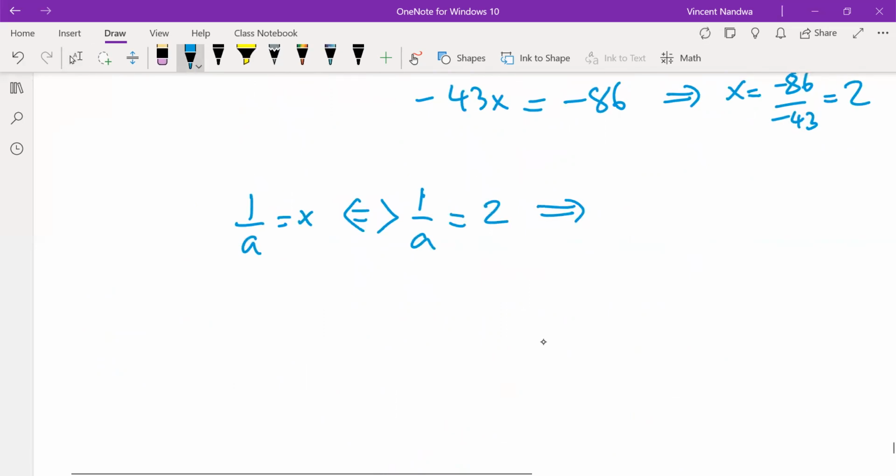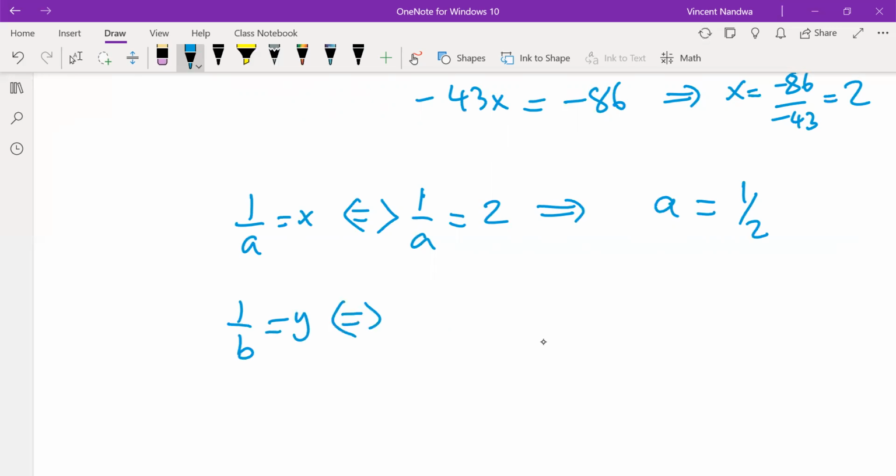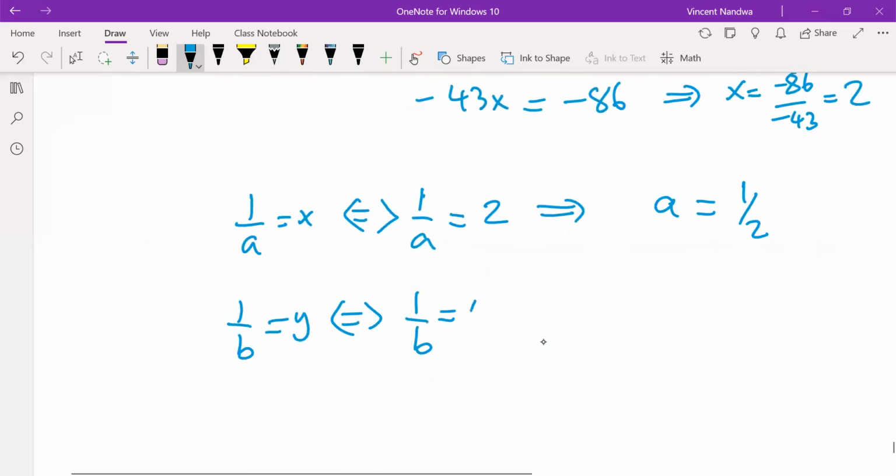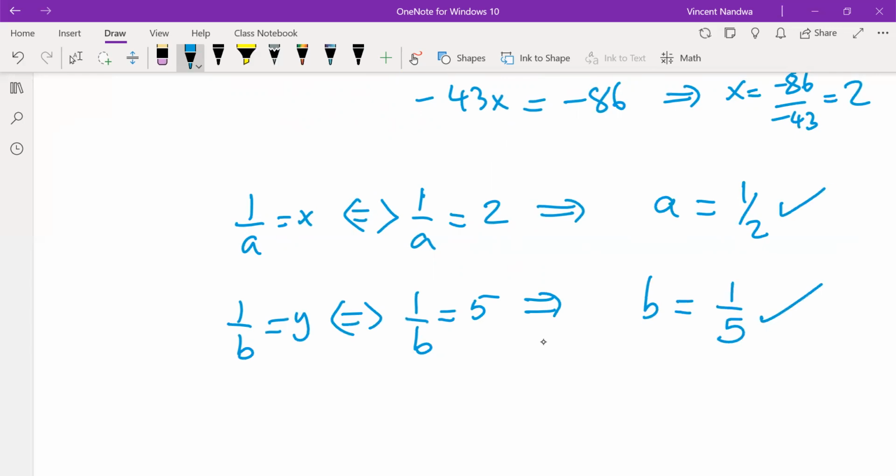So which means a is a half, the reciprocal of this. And 1 over b was y, and our y value is 5. So which means b is 1 over 5. So these are the two solutions to that given question. Thank you.